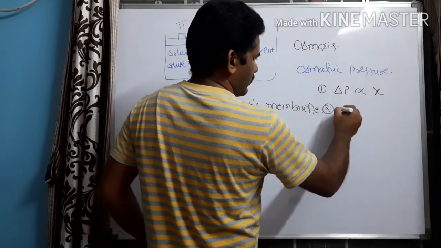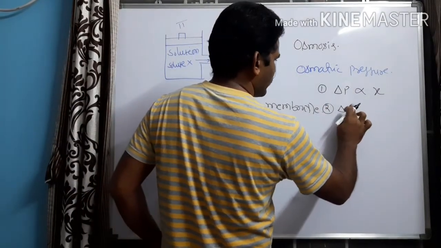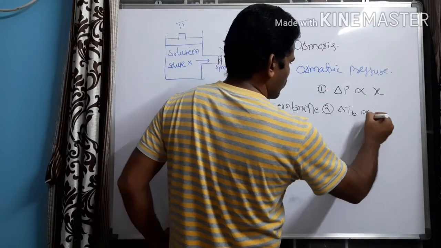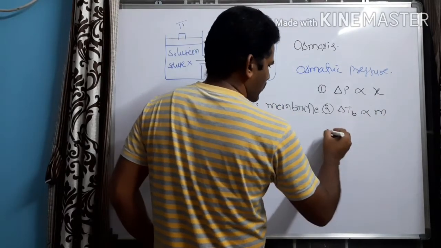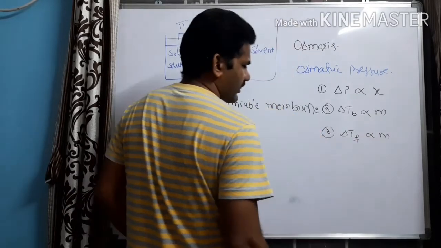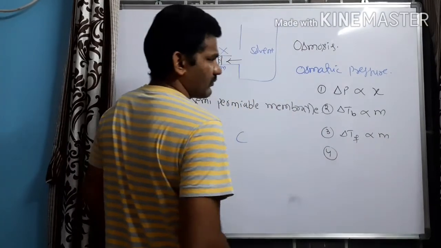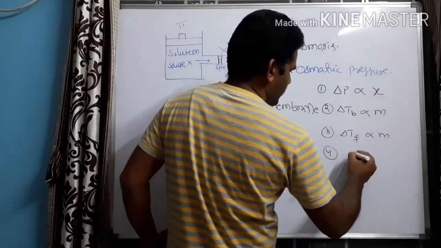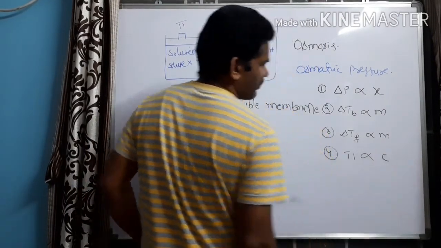Second one, elevation of boiling point, delta TB is proportional to molality. Third one, depression of freezing point, delta TF is also proportional to molality. Fourth one, osmotic pressure, pi is directly proportional to concentration.